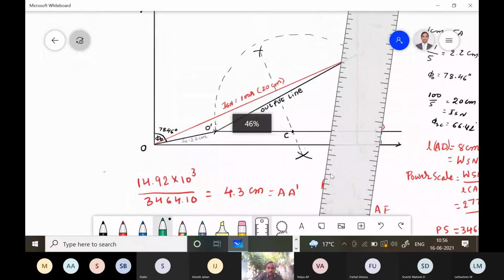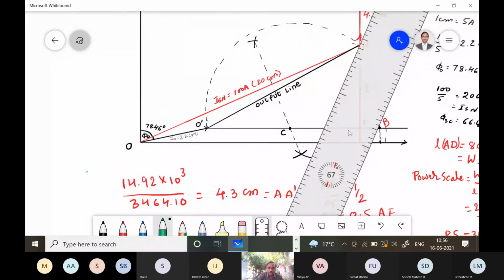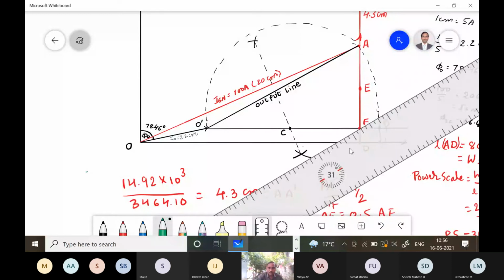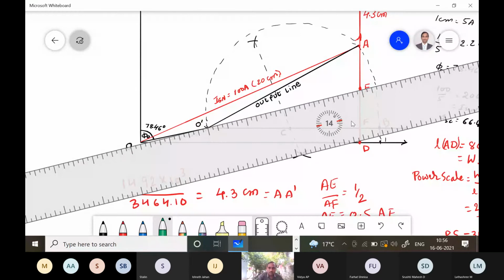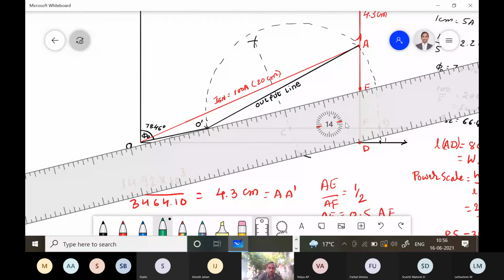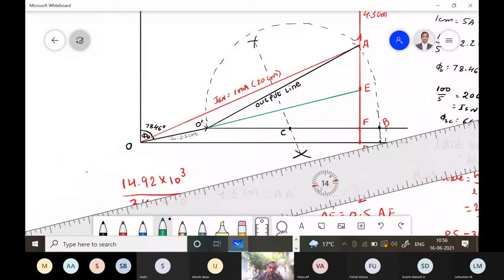Join O dash E. That is called your torque line. O dash E is called the torque line.